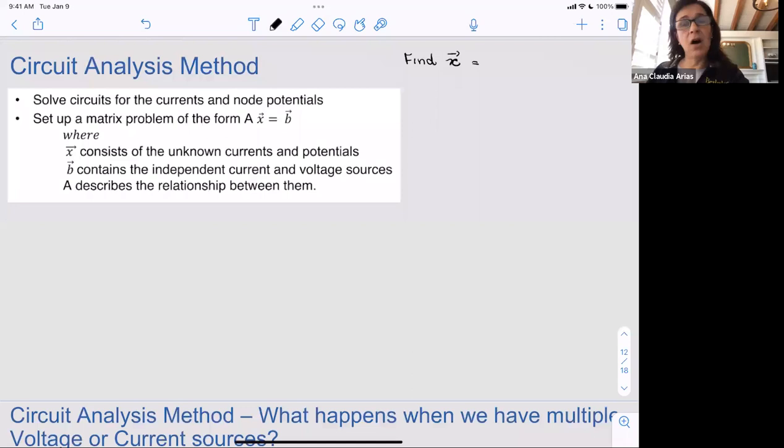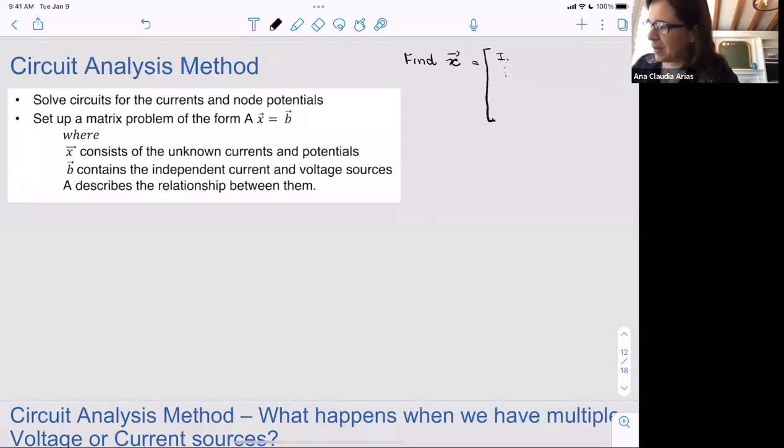So we have to find a vector of unknowns. In our case, the unknowns have been always currents that we can label I1 all the way to IM. All the currents that we set, we take our V elements and we set a current, we follow the passive sign convention. Other unknowns that we have are the potentials, right?